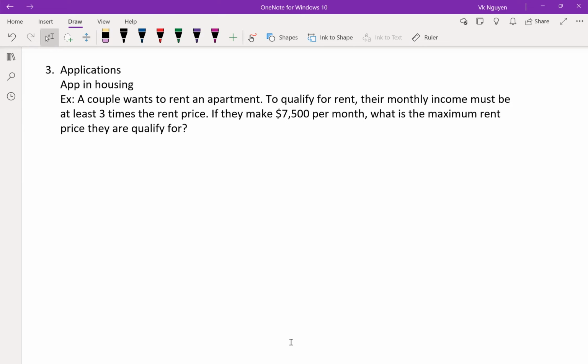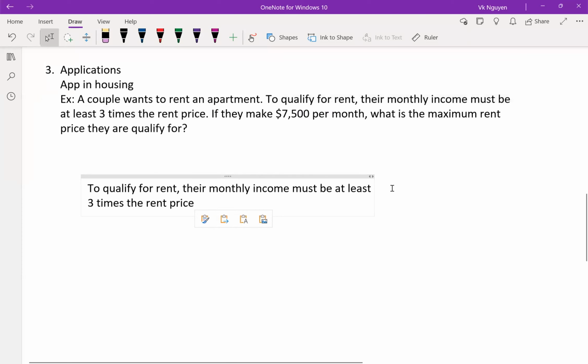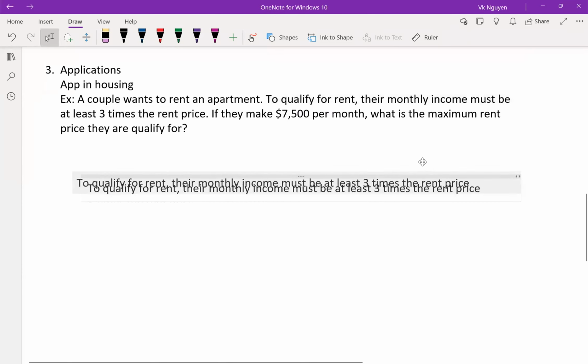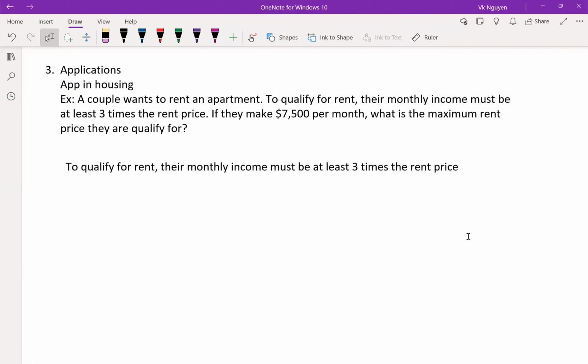Okay. To do this one, we're going to copy and paste this statement right here. This is what it means for them to qualify for rent. Their monthly income must be at least 3 times the rent price.